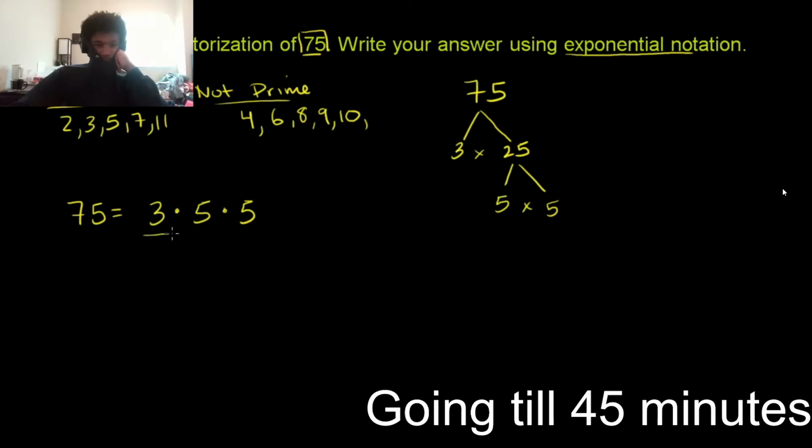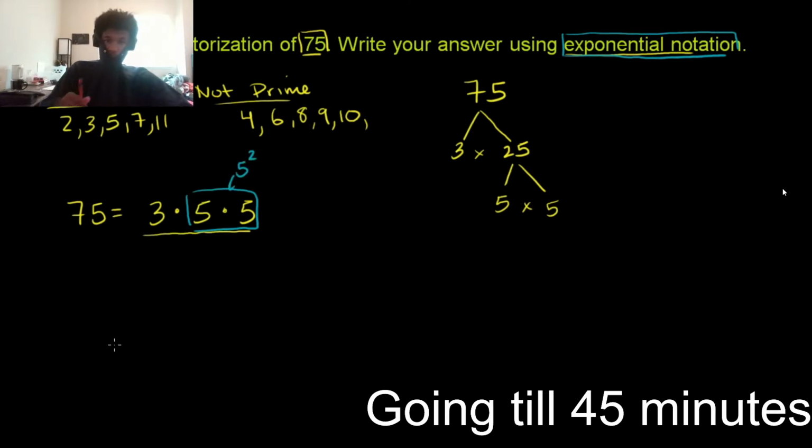So this is a prime factorization, but they want us to write our answer using exponential notation. That just means if we have repeated primes, we can write those as an exponent. So what is 5 times 5? 5 times 5 is 5 multiplied by itself 2 times. This is the same thing as 5 to the second power.